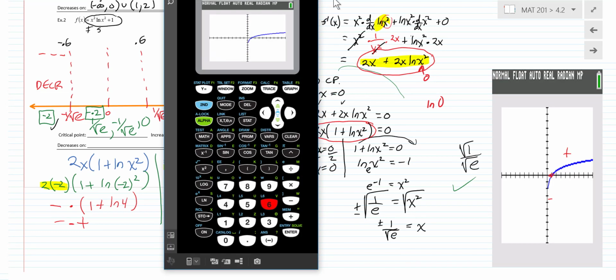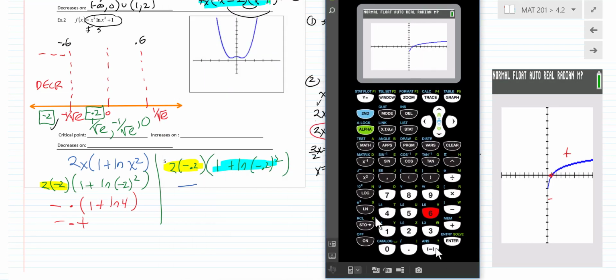So what I'm going to do here is I'm going to do the ln of, negative 0.2 squared, well, not like that, like this.